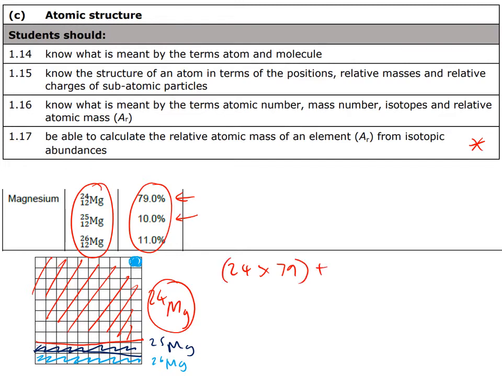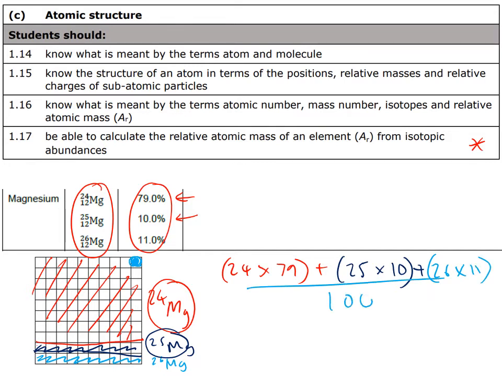We need to plus 25, the mass of our second isotope of magnesium, times by 10. We need to plus, last but not least, magnesium 26 times by 11, because there's 11 atoms. Now if we divide all of that by 100, we should get the average mass number of all these isotopes of magnesium.